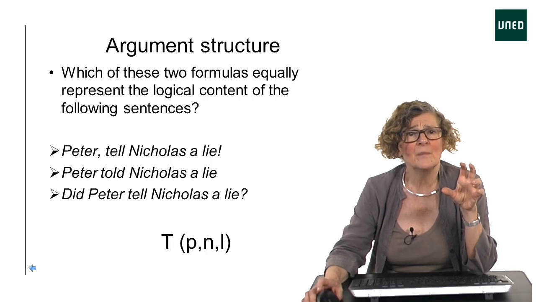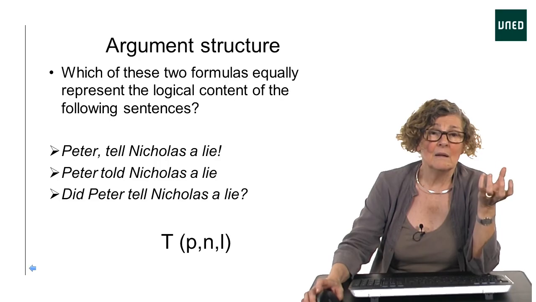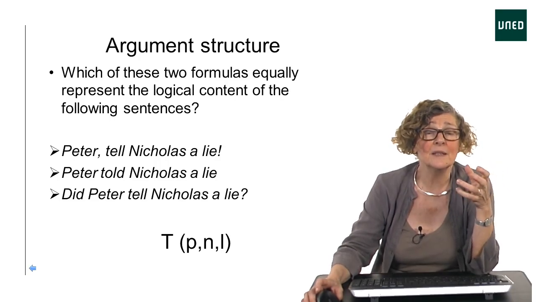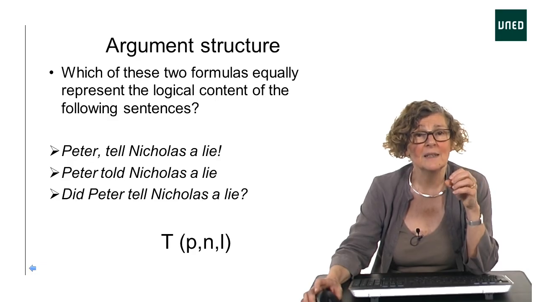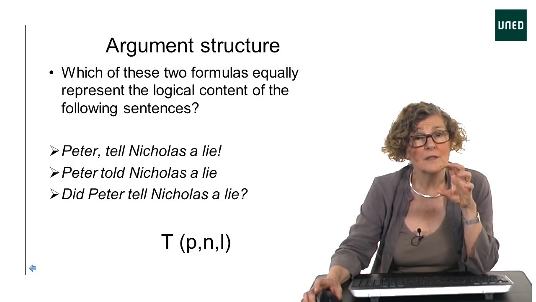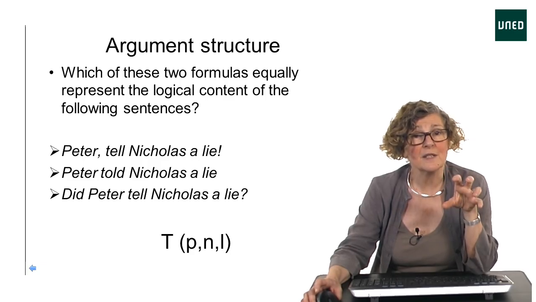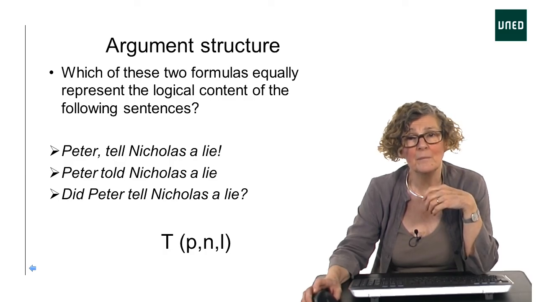P is Peter, a human being called Peter. N stands for another entity, a human being called Nicholas, and L stands for another entity, in this case an abstract entity, which is the concept of telling someone something that's not true. And even if it's an abstract concept, in logicians' terms, it is still represented with the same system, with lowercase initials.